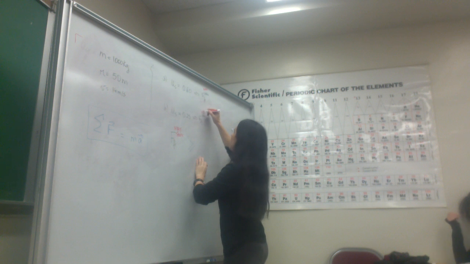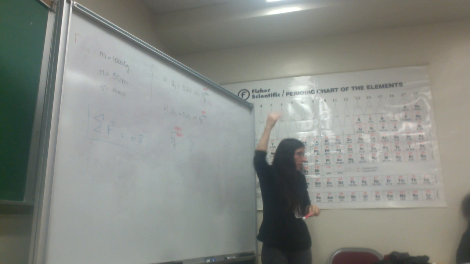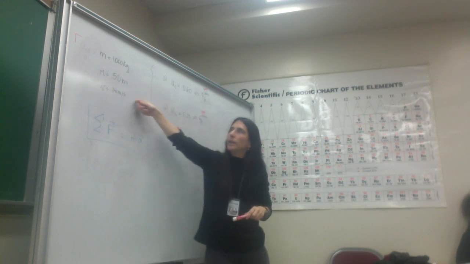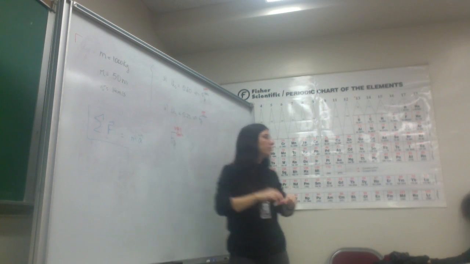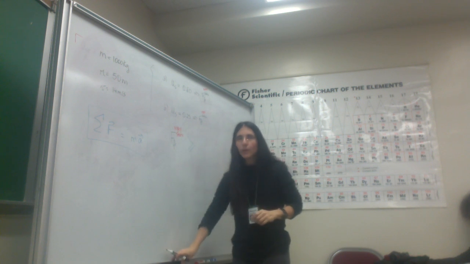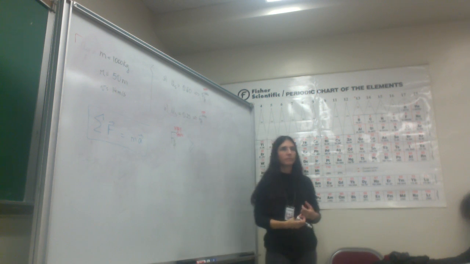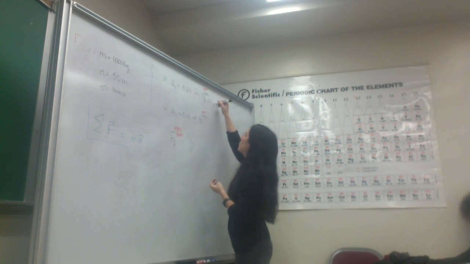I may not need to go all the way to the maximum, but I want to see if the maximum is larger than what I need for this speed. What is the expression for friction force? Mu s times Fn. Very good. So mu static Fn.